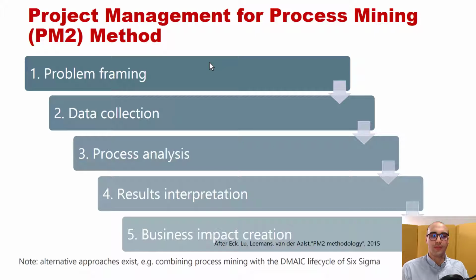The second step is data collection, where you gather data from different data sources, and you can perform data pre-processing, extraction, transform, and load of the data before performing the analysis. The third phase is about performing the process analysis, as we have already explained in the previous 7 lectures. And after that, we perform result interpretation and business impact creation.